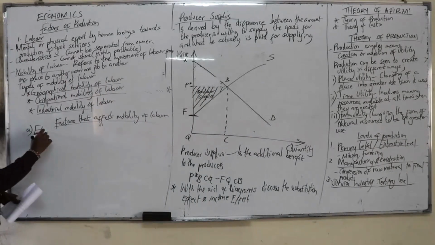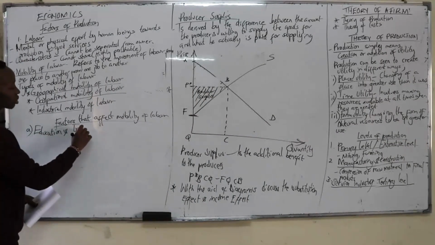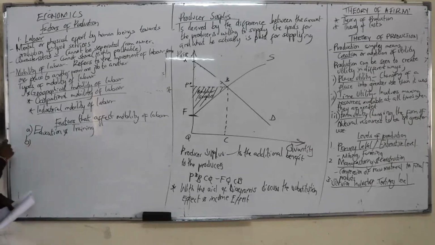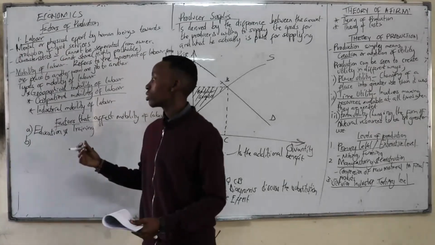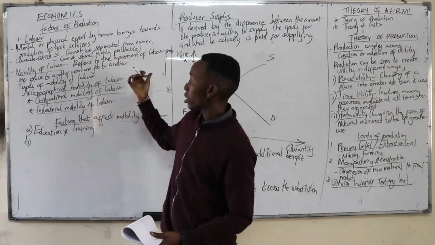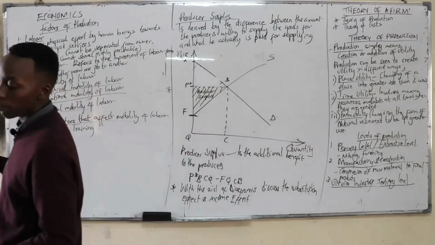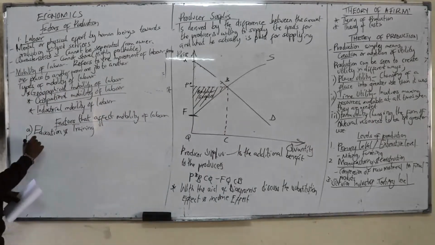So education and training. Also, another thing is, for example, if you were to be taken to an area that is not safe or insecure, then that is another factor that will influence. So one is also the basis of peace and security.